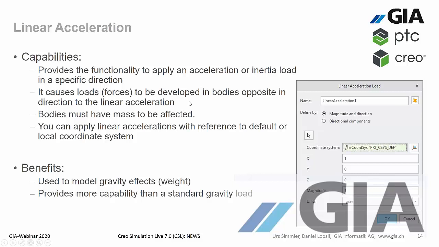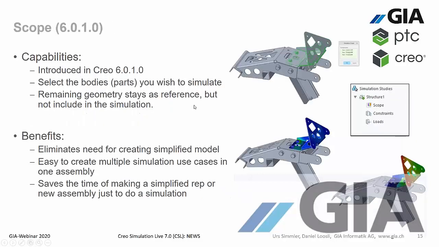Then you can set the focus on specific components. That means you do not have to create a simplified representation. You just click on the scope for your simulation, and you activate the components you want to have access to for the simulation.